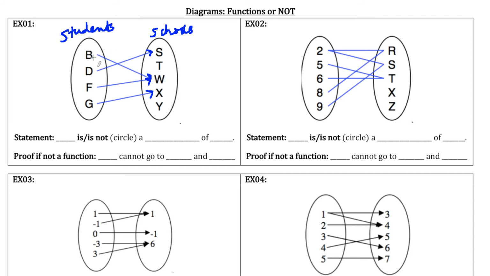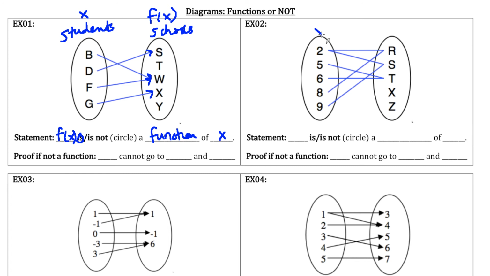So this kid goes to one school, this kid goes to one school, this kid goes to one school, this kid goes to one school. Okay, cool. So this doesn't give anything, so I'm just going to label this x and f of x. So f of x is a function of x. Cool.